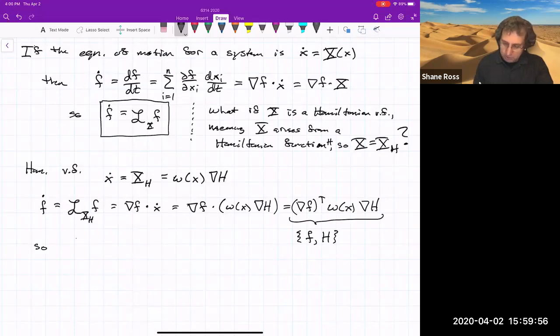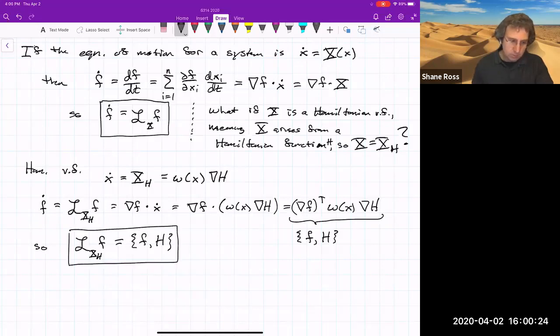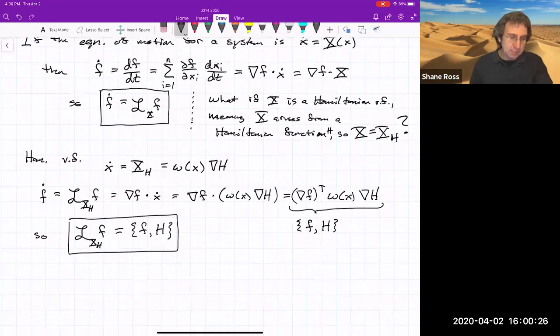So that means the Lie derivative of F with respect to a Hamiltonian vector field that's generated by the Hamiltonian function H is the Poisson bracket of F with H. So there's a connection between the Lie derivative and the Poisson bracket.